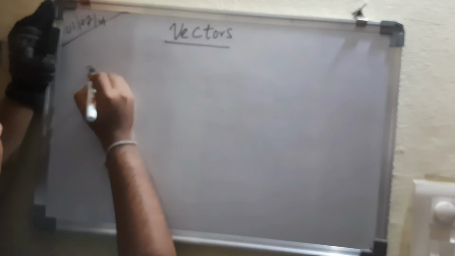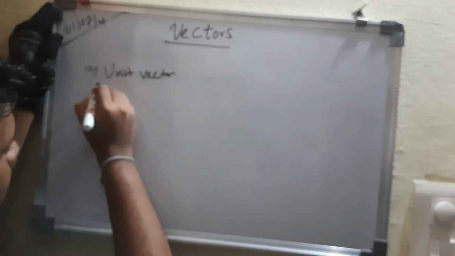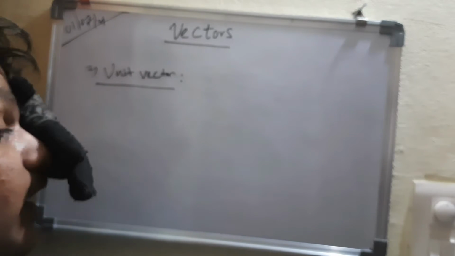Okay. Comes the important type of vector, unit vector. This plays a huge role in the Cartesian form of products. When it comes to the cross product of vectors, this one plays a major role.